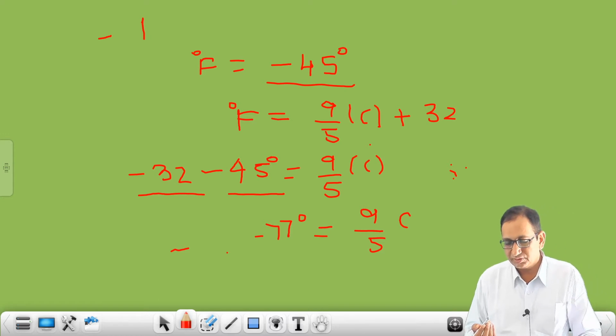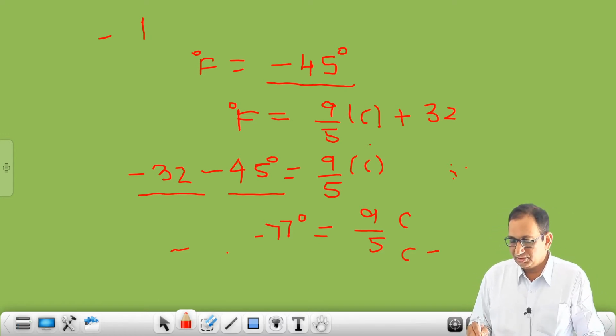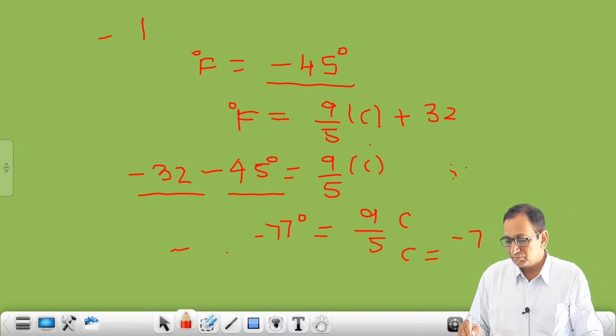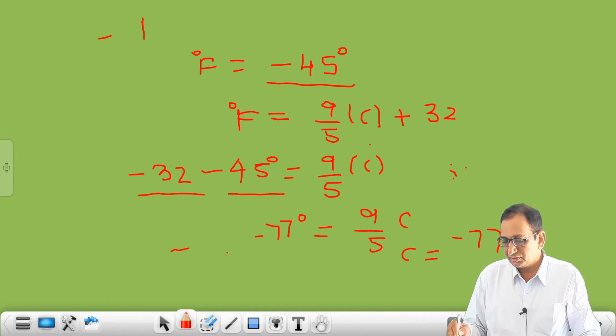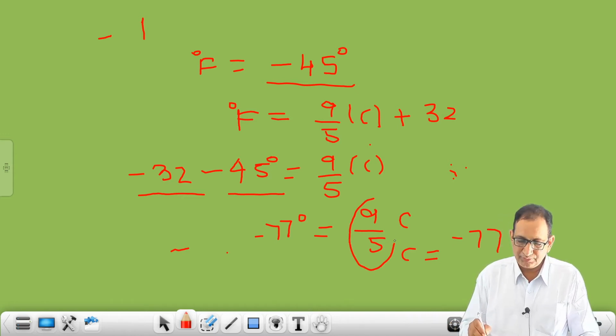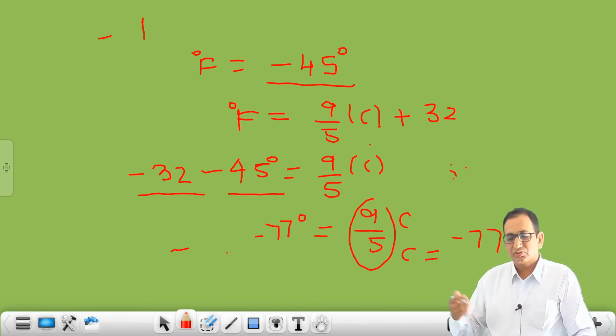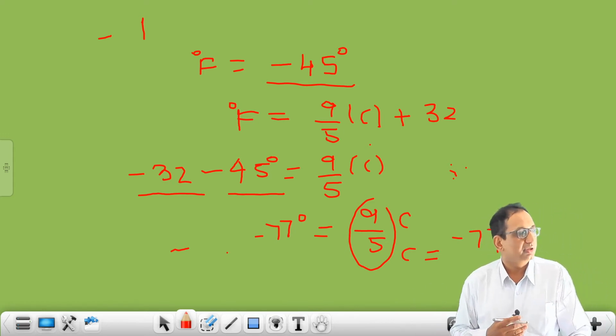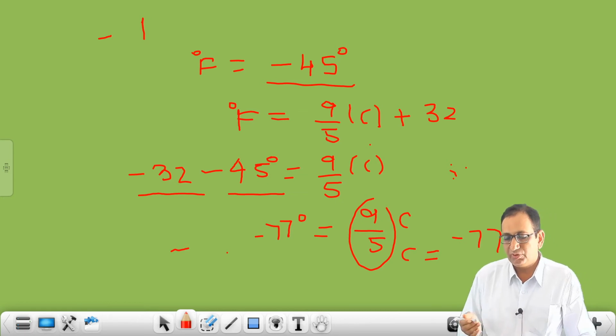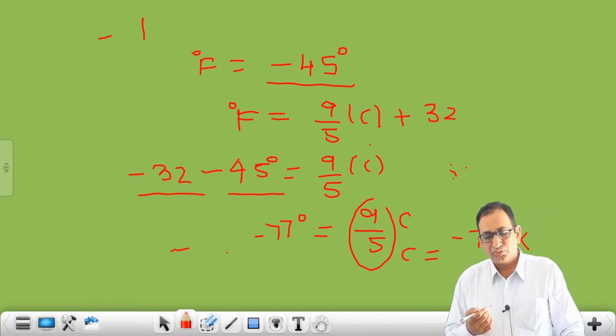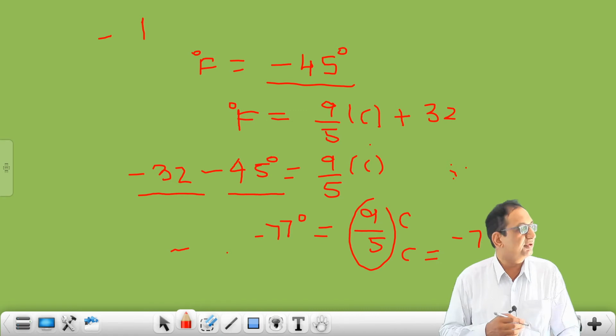There are two methods. You can write C is equal to minus 77, and this 9 upon 5 is multiplied with C. So by this side if you take it, here it will be divided. It will get a reciprocal. So what is the reciprocal of 9 upon 5?